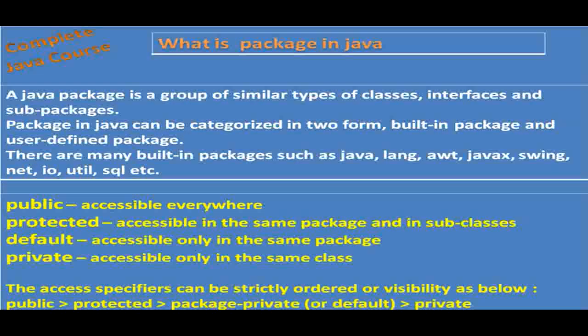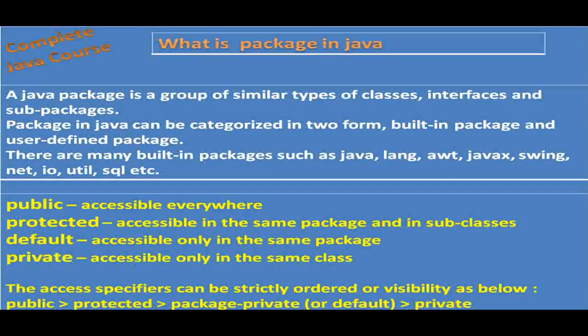It gives the restriction on whether you are able to access a particular class or a member of one package from the other package or not. So first one is public. If you define your class or any member variable as public, you can access that member variable or class anywhere in the program.